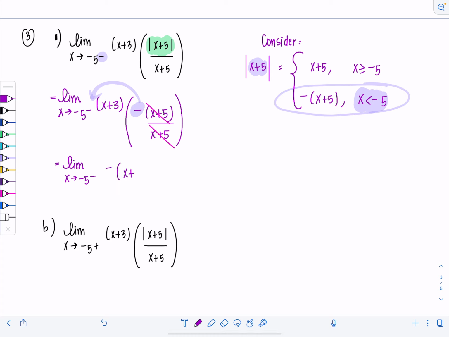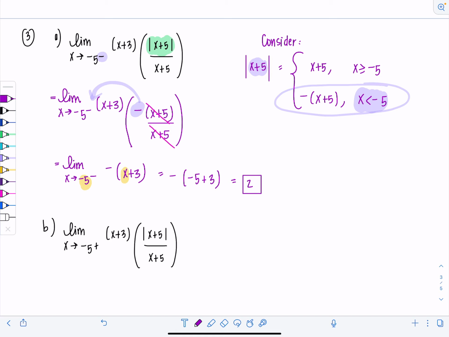Negative x plus 3 in parentheses. Okay, and then now we're all set. We can just use direct substitution and simply plug in -5 for x. Love it. So we have -5 plus 3, that's -2, and then take the opposite of that. This is 2. Okay, very nice.